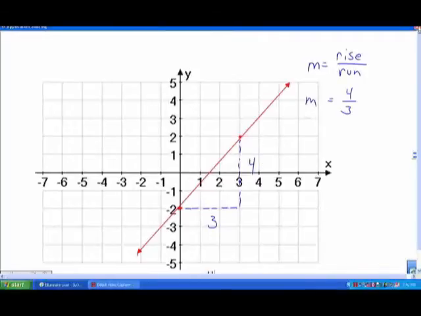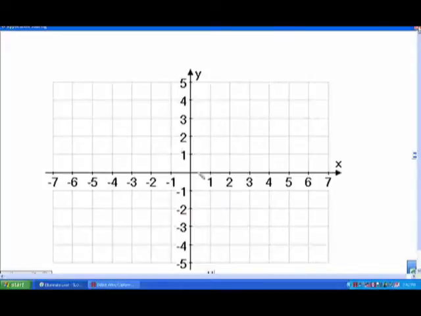Let's do another one and take a look at a negative slope. Let's make our first point at (1, 3), and our second point at (4, -3). Okay, we'll draw a line down through there and take a look at the slope of this line. Starting at our first point, (1, 3), you'll see that we go down 1, 2, 3, 4, 5, 6 units.